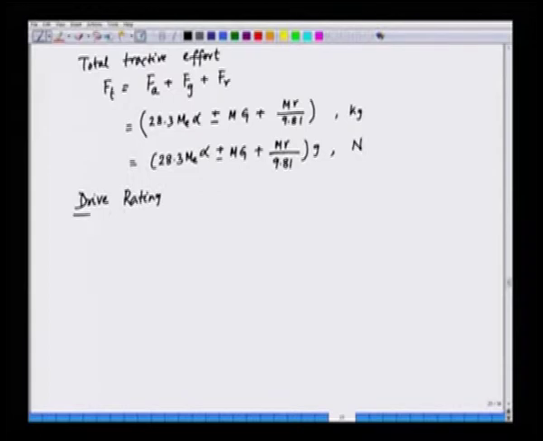We are discussing the drive rating. We have the motor here, and the motor is connected to a gear, and the gear is basically driving the axle, and we have finally the wheels.